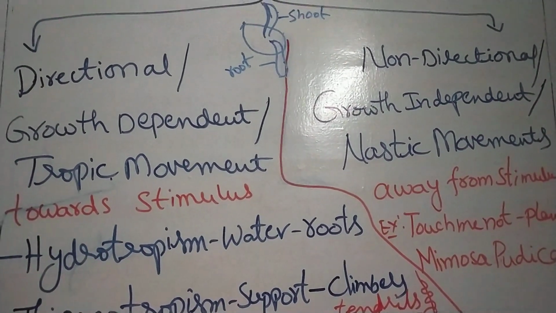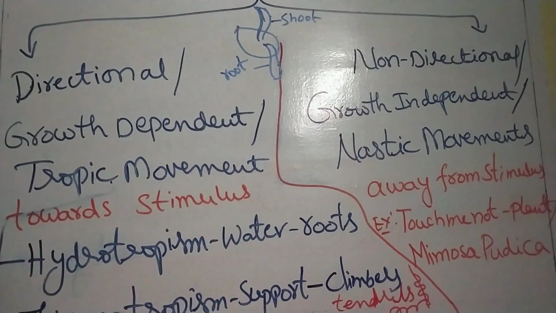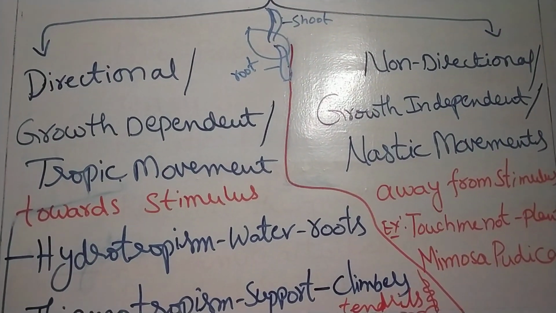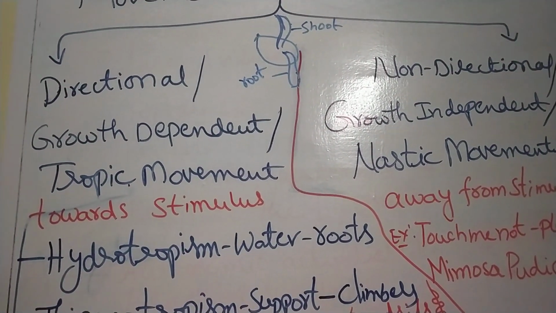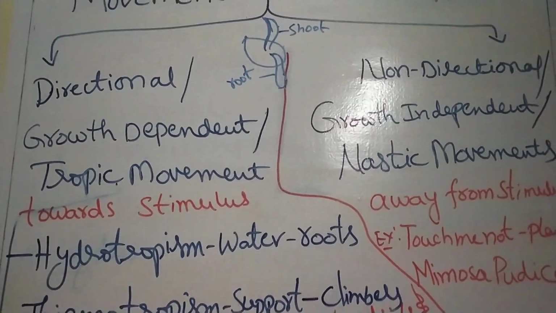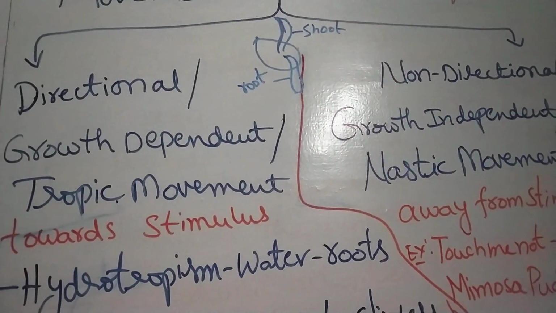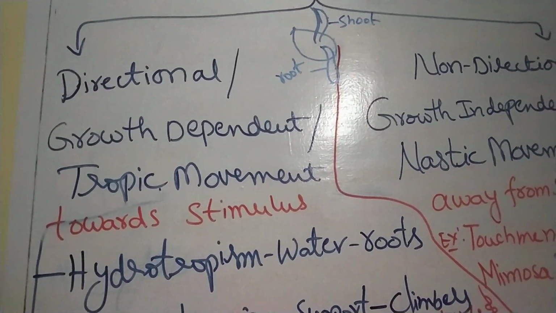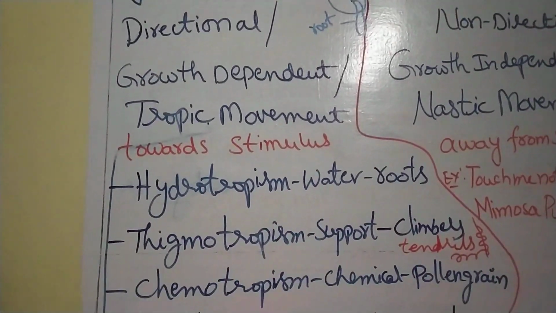Radicle later develops into roots and plumule into shoot. The radicle moves towards the soil and the plumule moves above the ground, towards the sunlight. So germination of the seed is also a directional movement. Now we will study the different types of directional movements in detail.